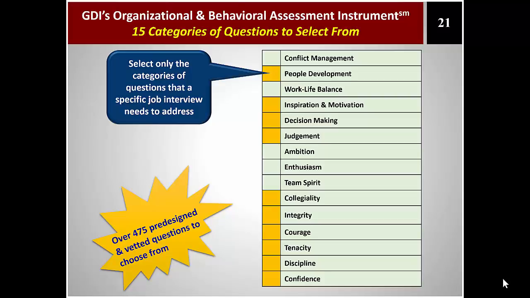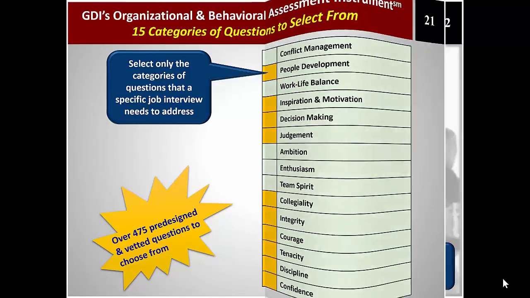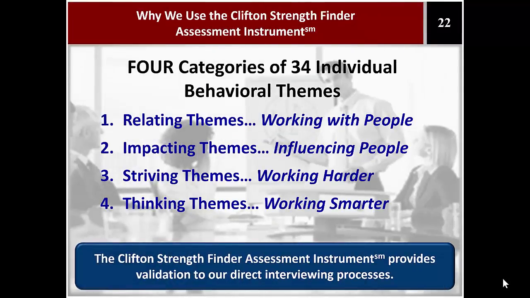So we're looking for questions around decision-making, judgment, ambition, enthusiasm, team spirit, collegiality, integrity, courage, tenacity, discipline, and self-confidence. And so the orange boxes, again, represent the categories that we're drawing from for that specific job that we're interviewing for in that specific company.